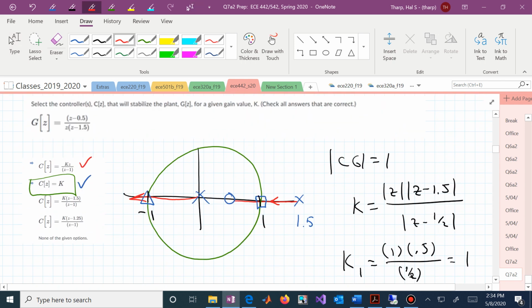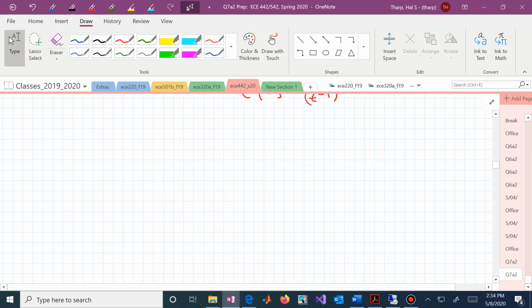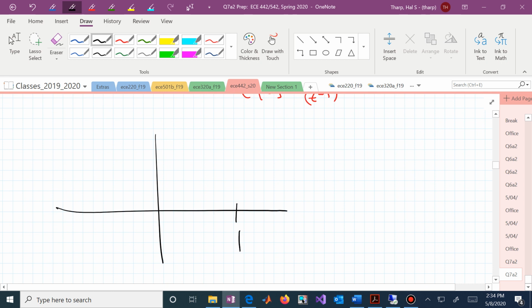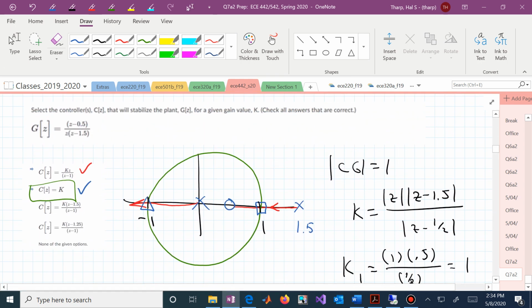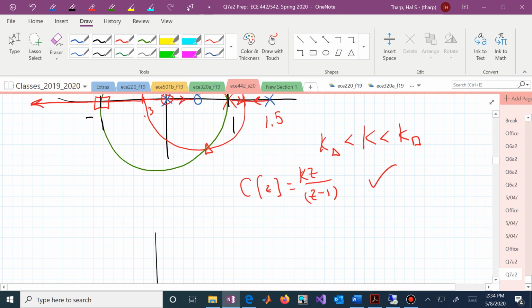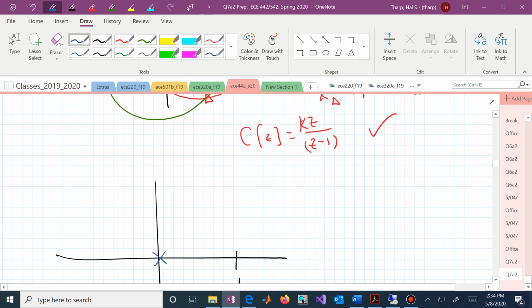Let's see why the other two don't satisfy or stabilize this system. Again, our system, let's draw that. That now was a system that had a pole at the origin and 1.5. This was an unstable system. And a 0 at 1.5.